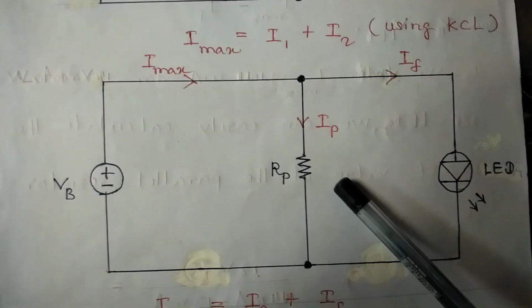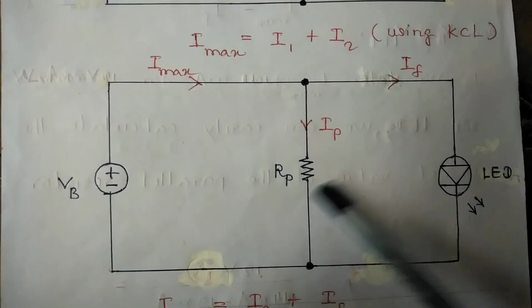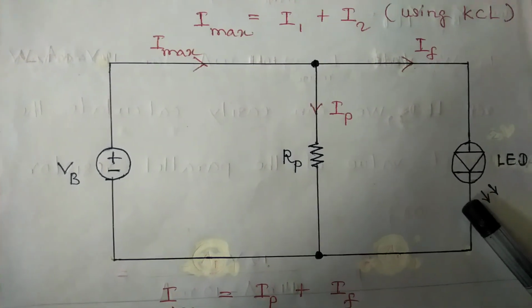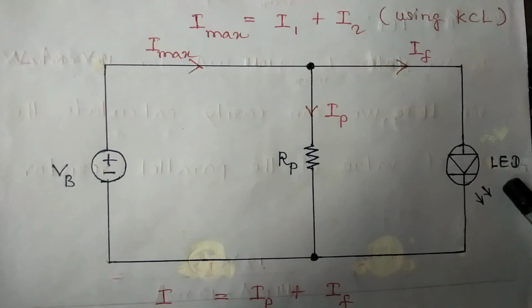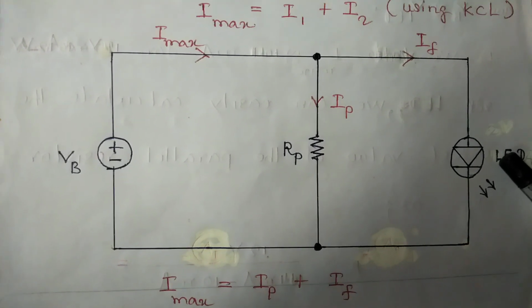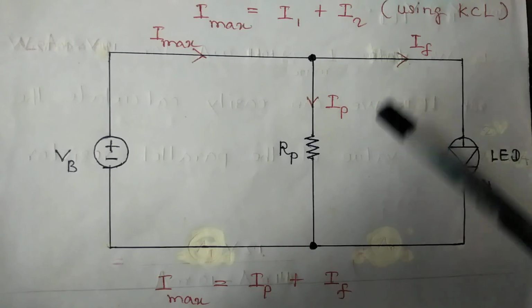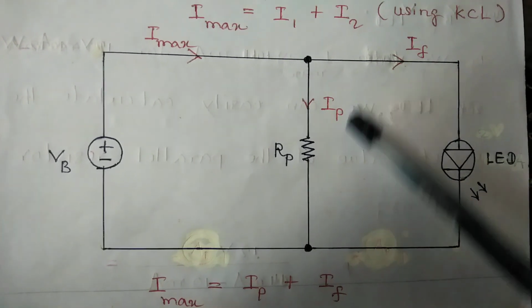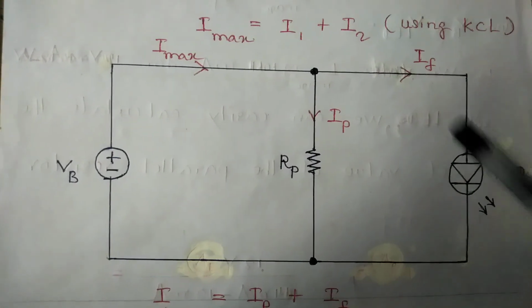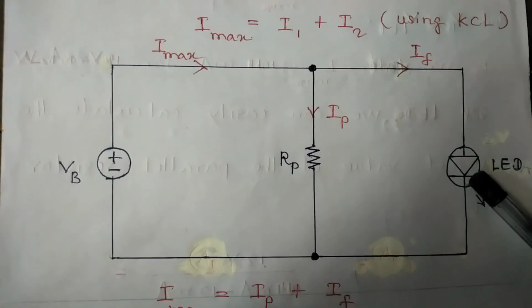This RP is the resistance of the resistor connected in parallel with the LED. This LED is used in place of resistor R2 from the first circuit. This IP is the current passing through the resistor RP. This IF is the forward current passing through the LED.